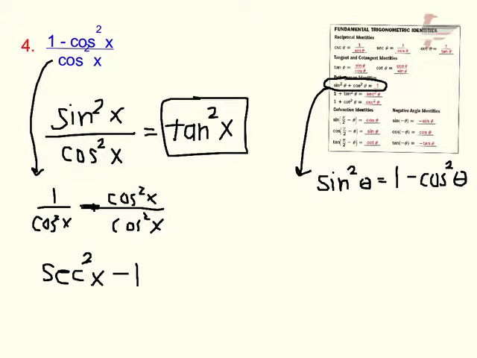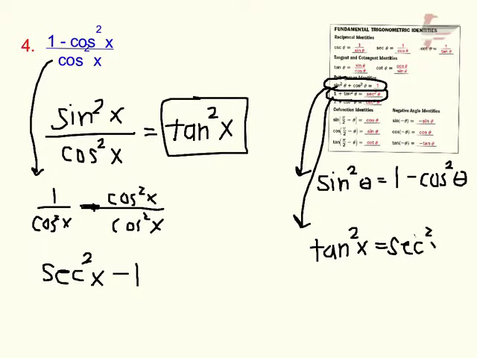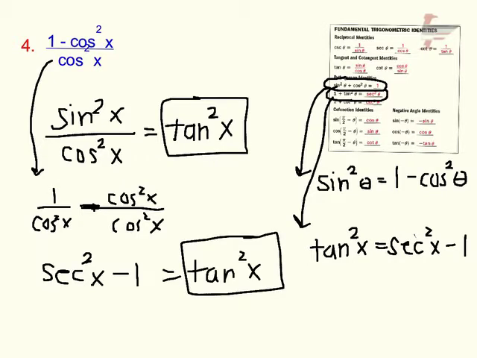Well, now again, over here, the second one, if I solve that for tangent squared, I would subtract 1. Secant squared minus 1, and then I can see that this and this are identical, so that it equals tangent squared. So, I don't know, that's a couple ways. Now like I said, there are oodles of ways to go about these, so hopefully, I hope for you that you take the easiest route.